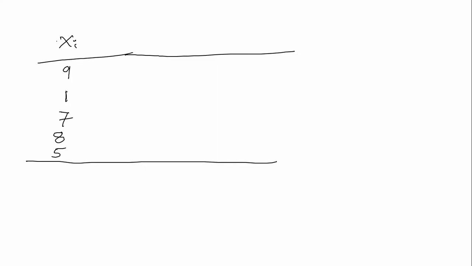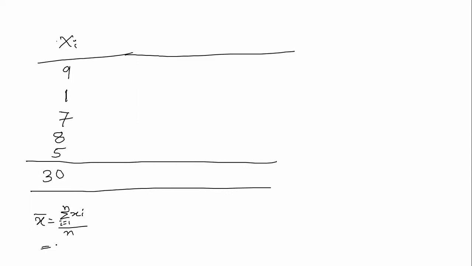These are simple 5 observations. Now, what is x bar of this? X bar is equal to, in this case, we know, summation xi from 1 to n upon n. So this is 30, 30 upon 5, and that is equal to 6. 6 is the arithmetic mean of this data.